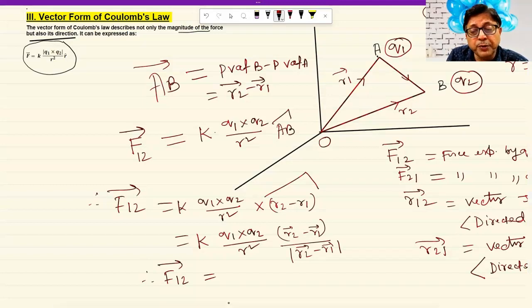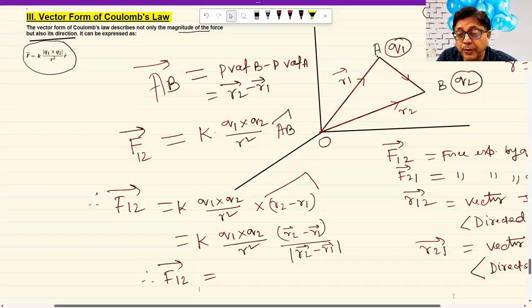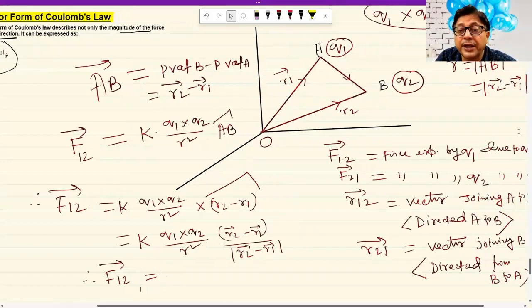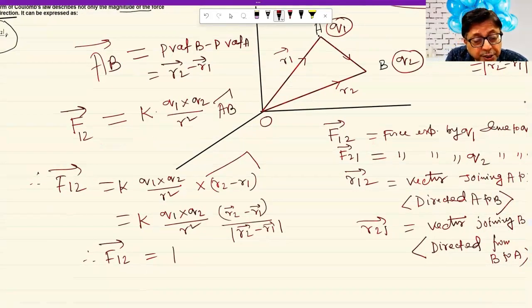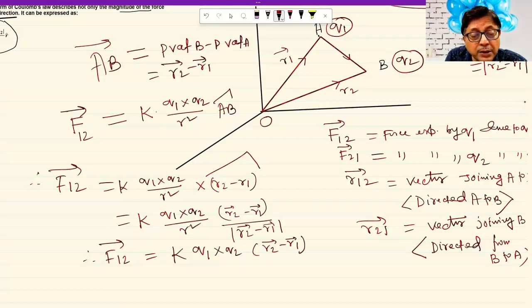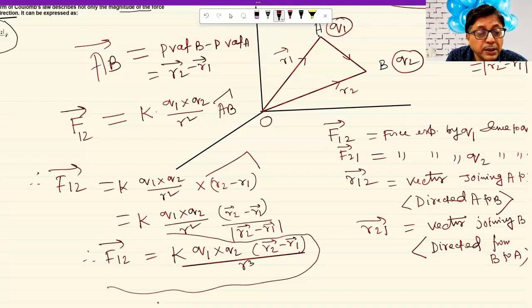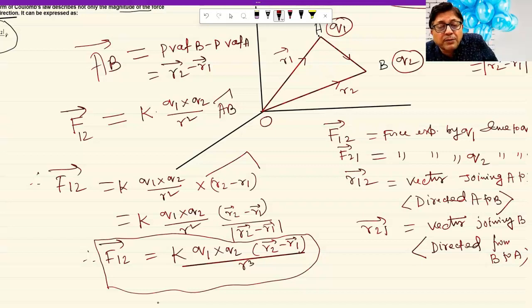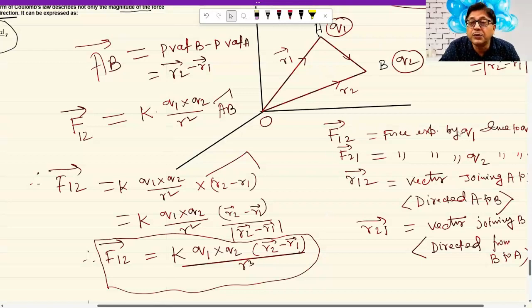Mod of R2 minus R1 is R, that you put here. It is going to be K Q1 Q2 into R2 minus R1, R square is already there, and with R it will be R cube. So F12 vector is going to be K Q1 Q2 into R2 minus R1 by R cube. This is F12, force directed from 1 to 2.